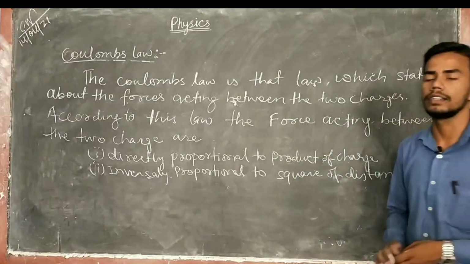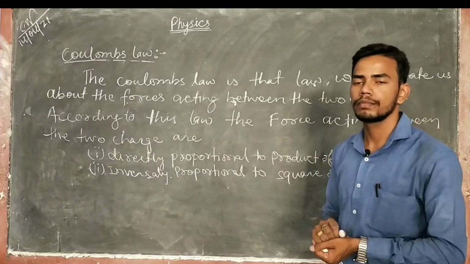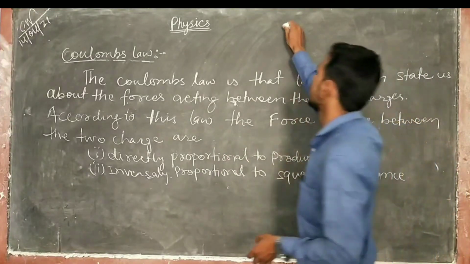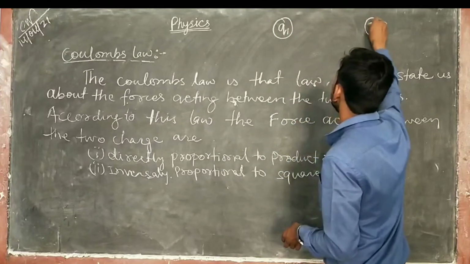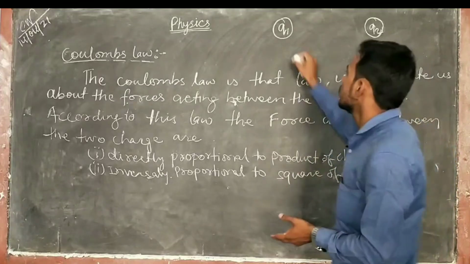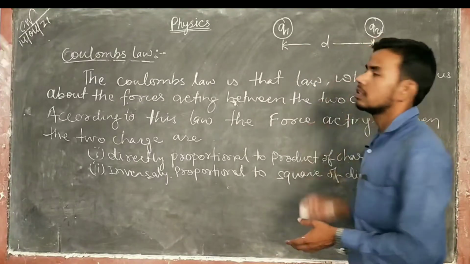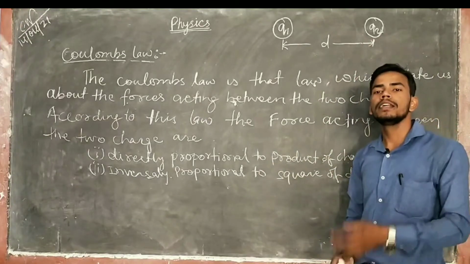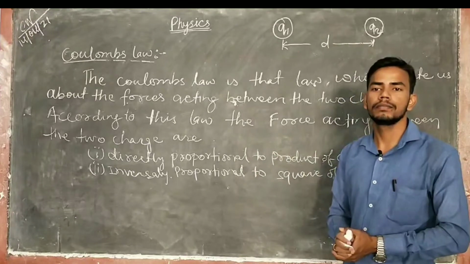Coulomb's law हमें क्या कहता है कि whenever we have two different charges, let's suppose we have two different charges like this, Q1 and Q2, and they are separated at d distance apart from each other.